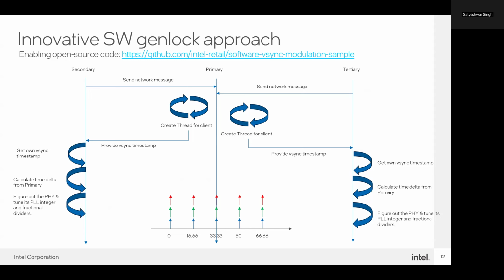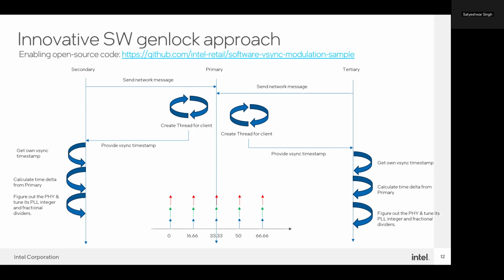The secondary or the tertiary systems, when they get that timestamp, they collect their own timestamp and they figure out how big of a delta we have. In the previous couple of slides, Ben was showing you how they could be off by some random number of milliseconds, and the goal is to align all of them.